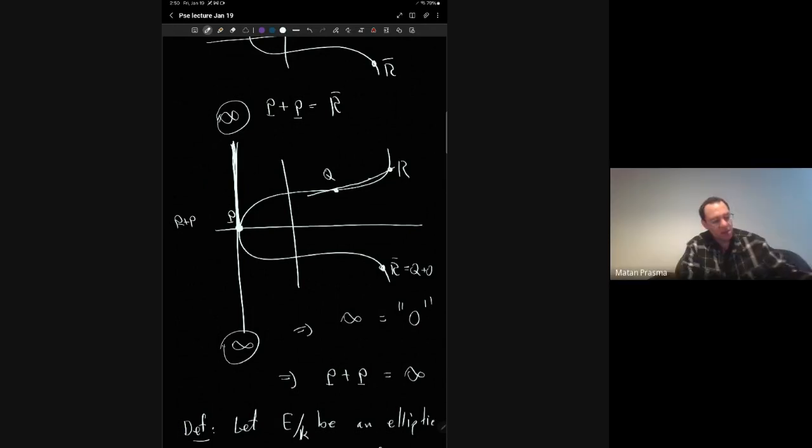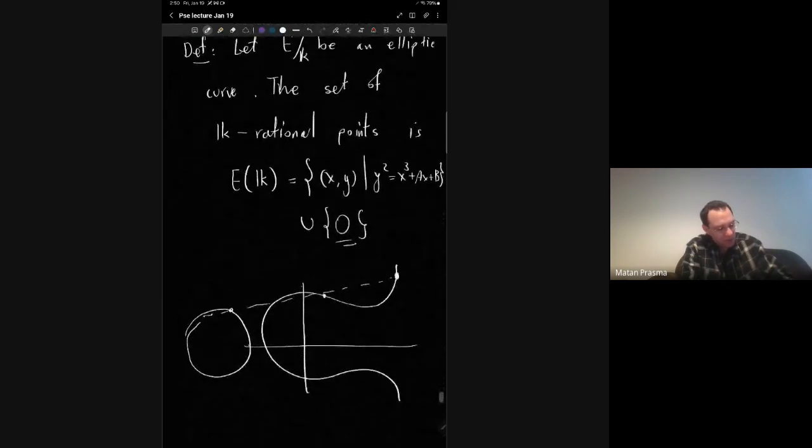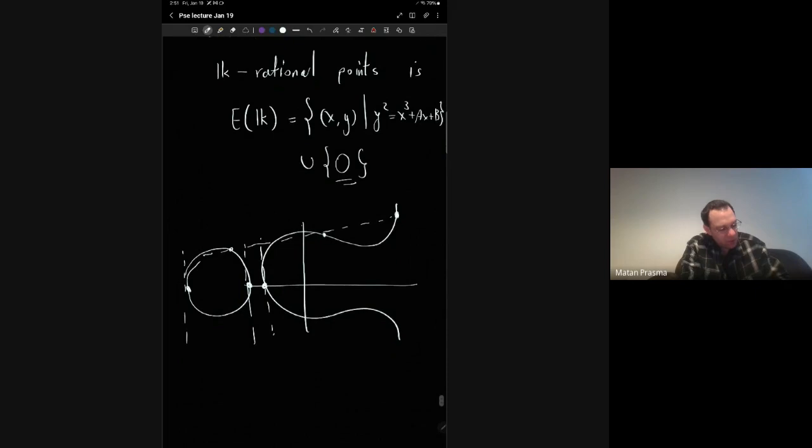And notice what we say here, in fact, is that P plus P is equal to 0 for this P. This will be true for all the points which have a vertical tangent line, namely all the roots, these are the points in which you have a root of the polynomial x cubed plus ax plus b, right?